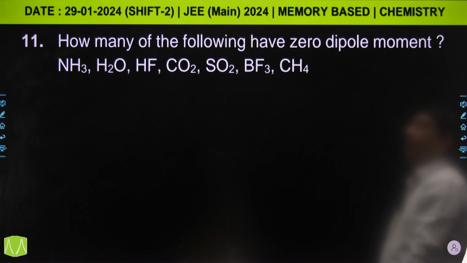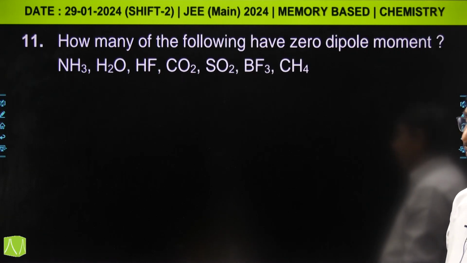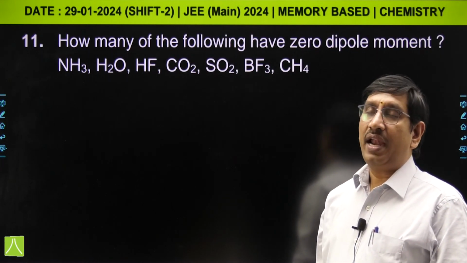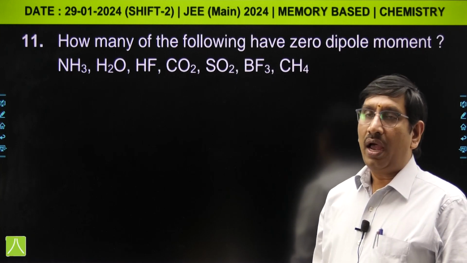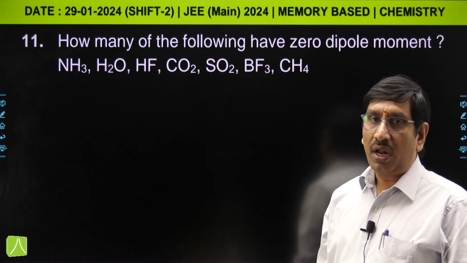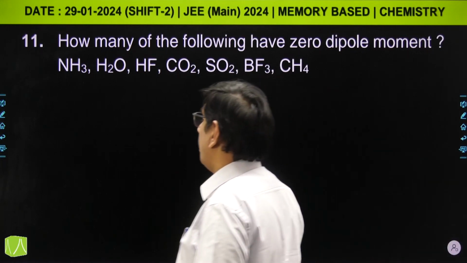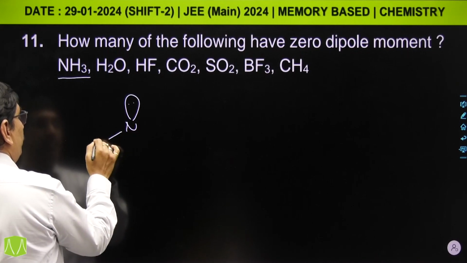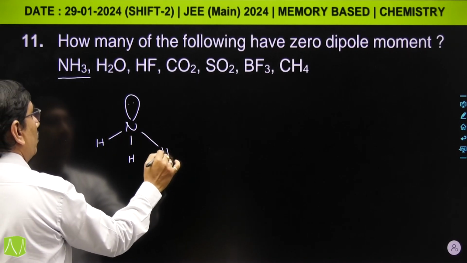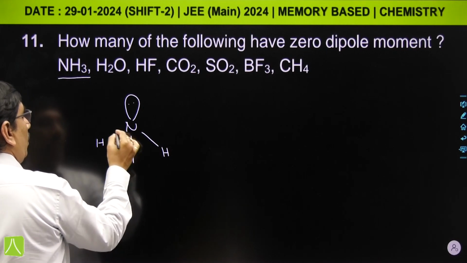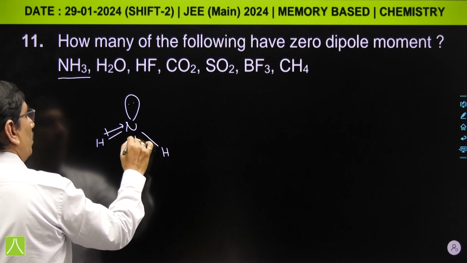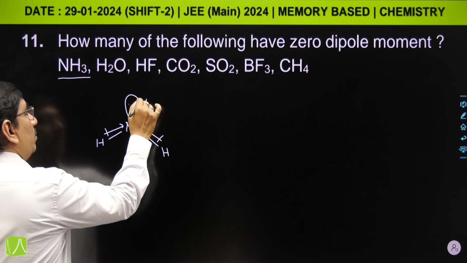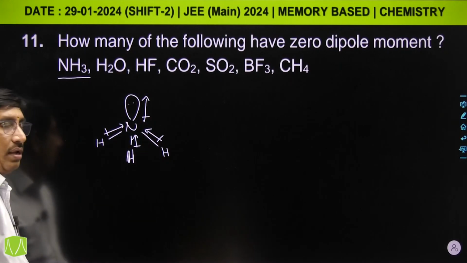Next, how many of the following have zero dipole moment? If the molecule has a symmetrical structure, then the net dipole moment will be 0 and that molecule is called a non-polar molecule. In the given options, NH3: nitrogen is more electronegative, and if you observe these bond moments, these are all in one direction.